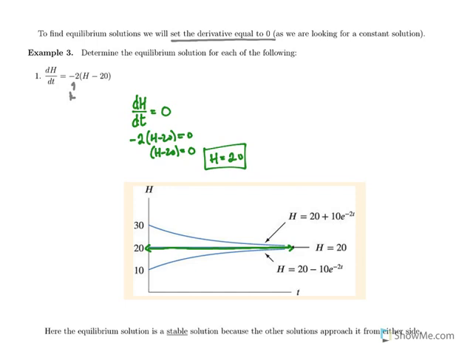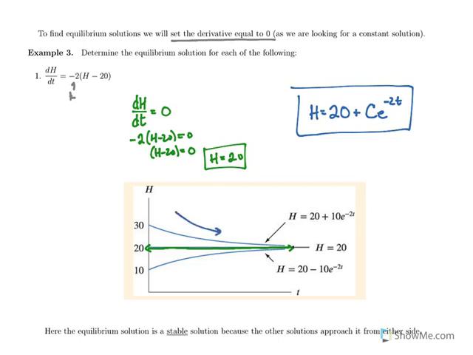And we can also see that we're going to have the solution 20 plus c e to the -2t. And if c is bigger than 0, if it's positive, the solutions are going to approach that line from above.